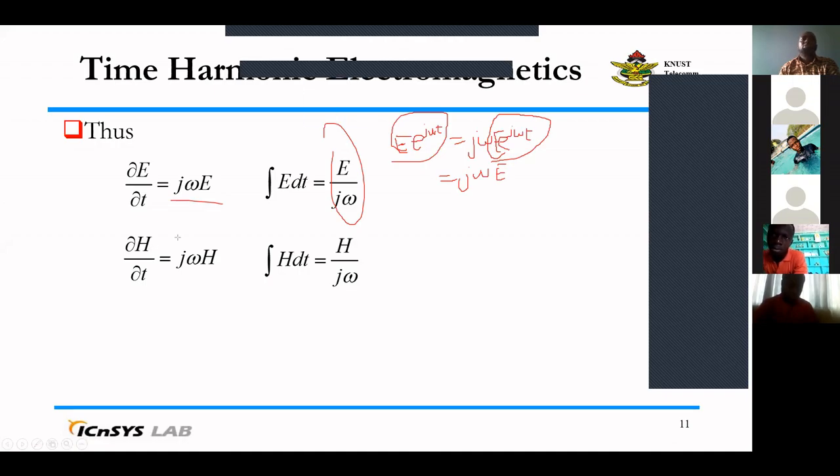If you differentiate H also, you get j omega H. And if you integrate, you get H divided by j omega.